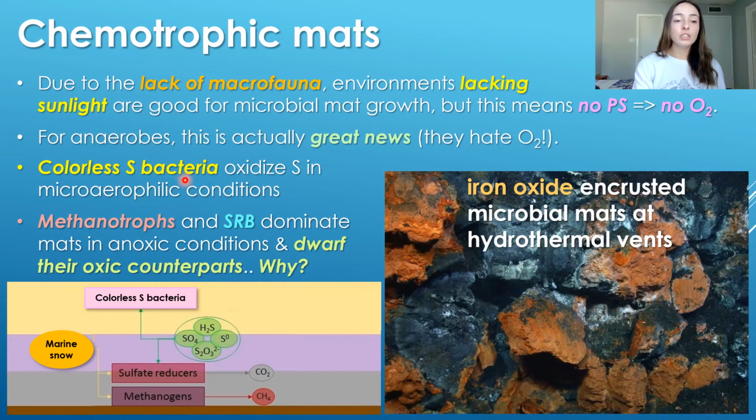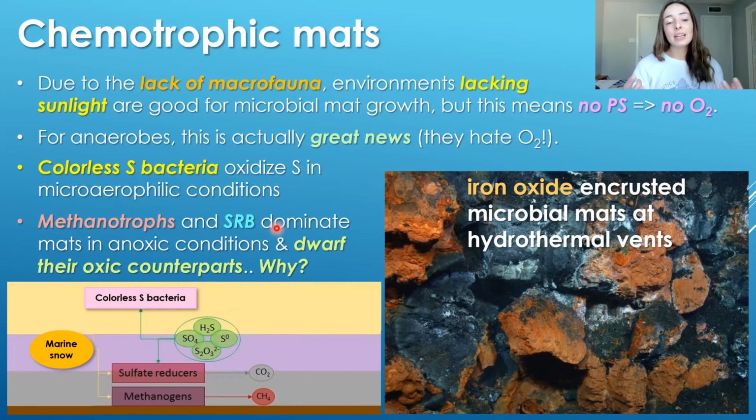These include colorless sulfur bacteria, which are sulfur oxidizing bacteria that aren't phototrophs, so they don't have to have sunlight, but they still oxidize the sulfur that is produced by SRB, sulfate reducing bacteria, in these anaerobic environments. And underlying colorless sulfur bacteria layers in these types of mats would be methanotrophs and SRB.